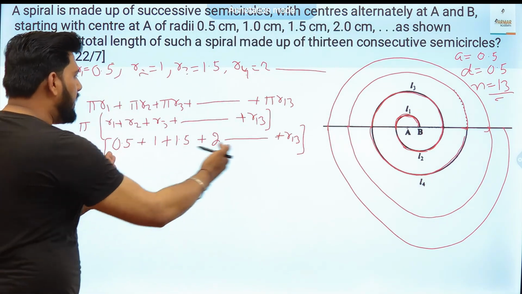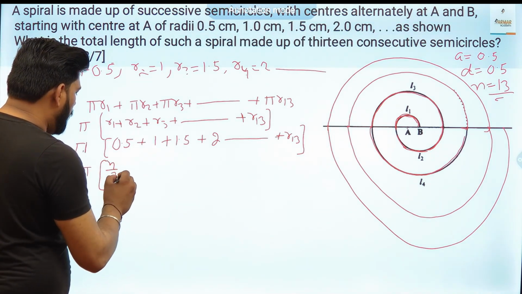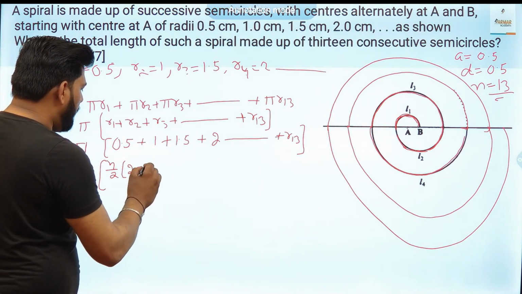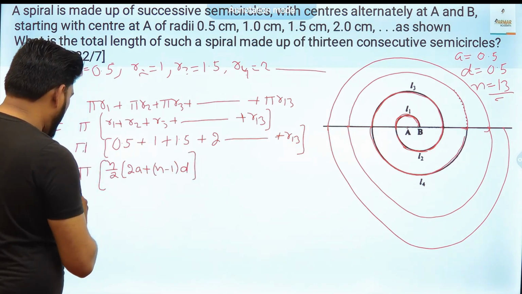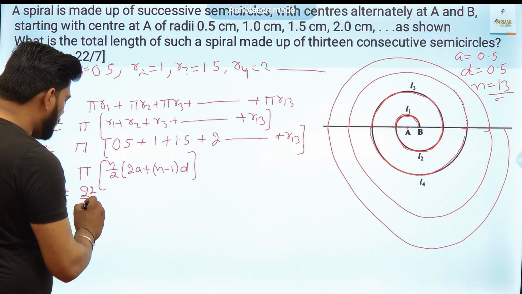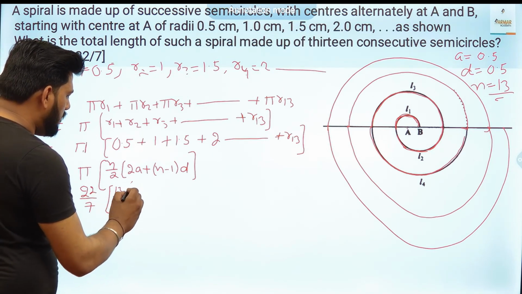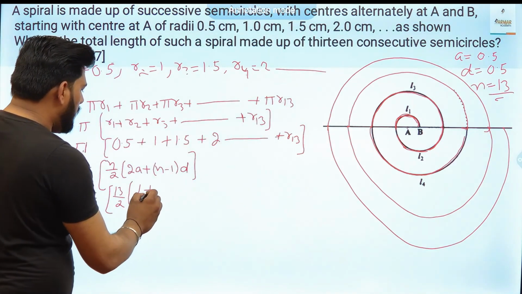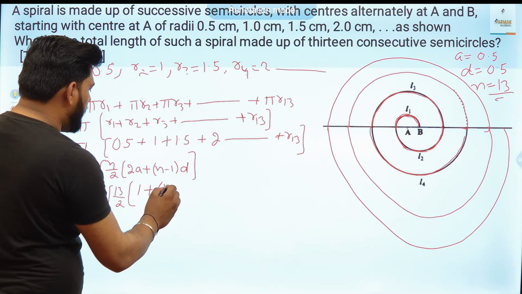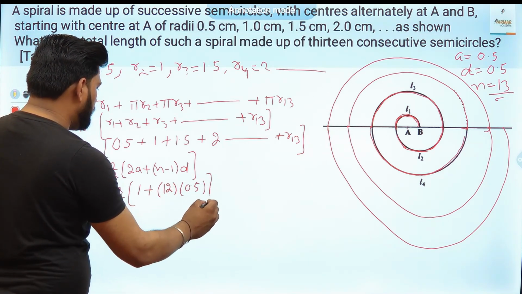To find that sum, we use the formula n upon 2 times (2a plus (n minus 1) times the difference). So pi is 22 upon 7, and that is 13 upon 2 times (2a, double of 0.5, that is 1, plus (n minus 1), that is 13 minus 1, 12, times the difference 0.5).